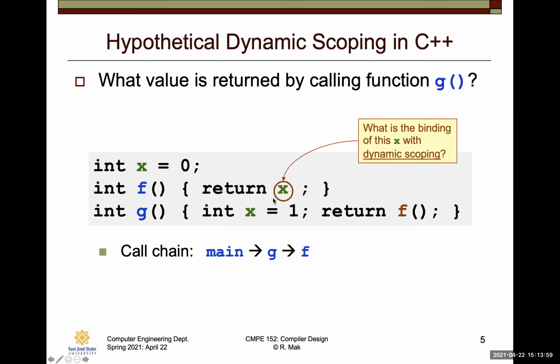So here F will return 1, therefore G returns 1. That's how dynamic scoping would work in C++.